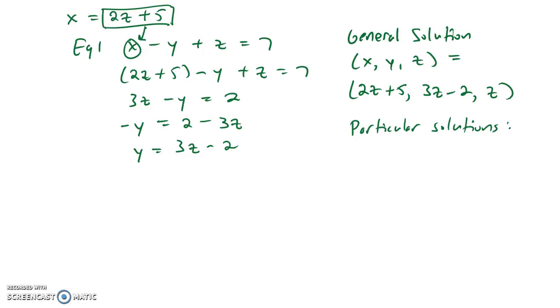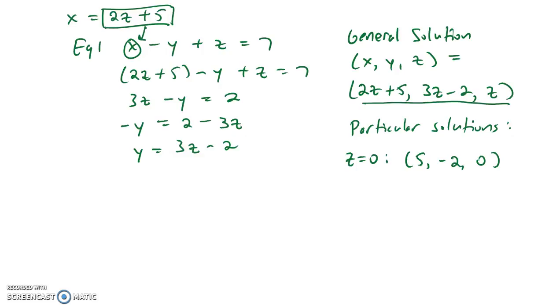For example, if we choose z equals 0, look at your general solution, that's this right here. If you substitute z equals 0, you're going to get 0 plus 5 is 5, 0 minus 2 is minus 2, and z is 0.